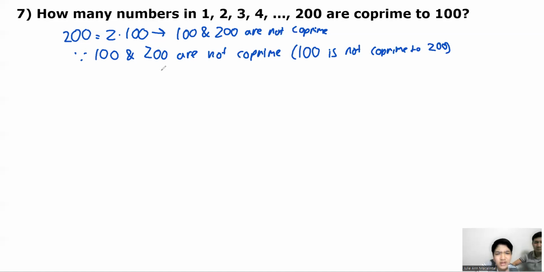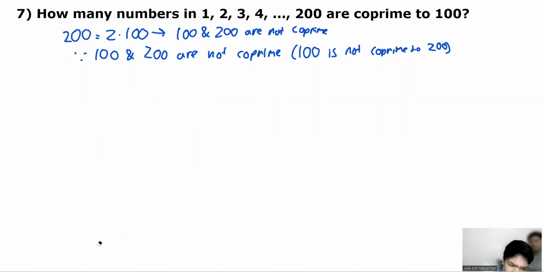Because 100 and 200 are not co-prime, it means all numbers 1 to 200... Actually, this doesn't prove that all numbers 1 to 200 co-prime to 200 are also co-prime to 100.